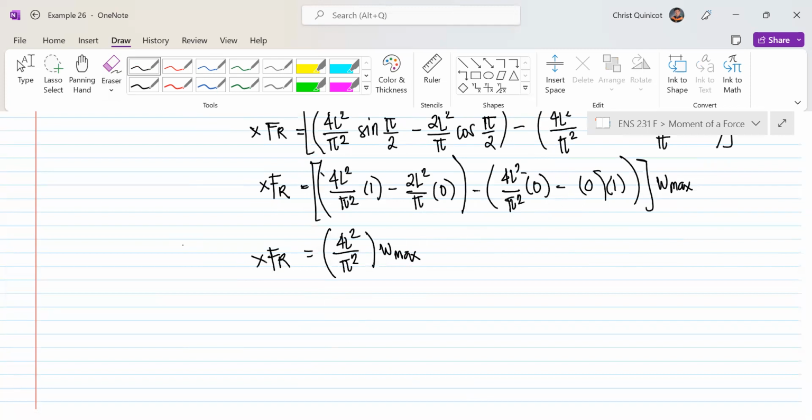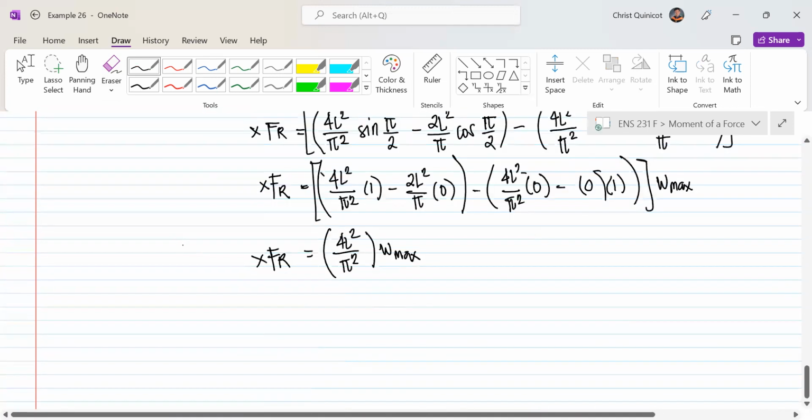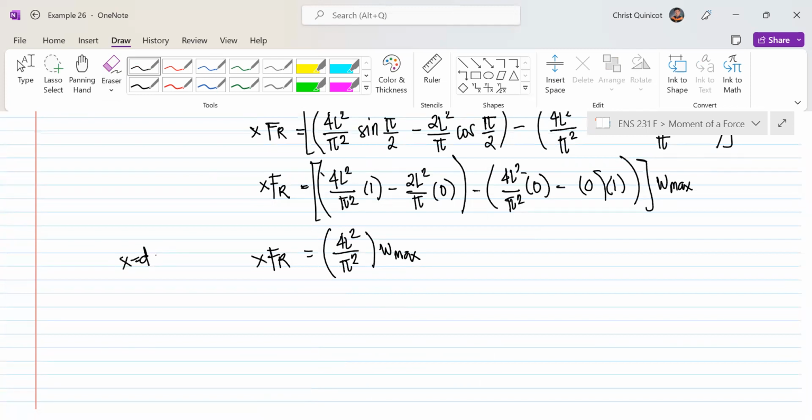Now, oh yeah, our x here is D. So we'll use D. This is equal to x is equal to D for distance, or location.